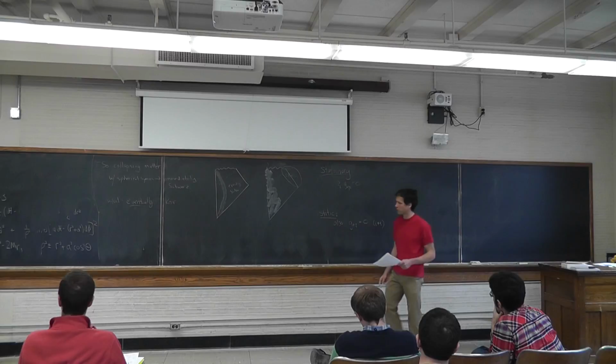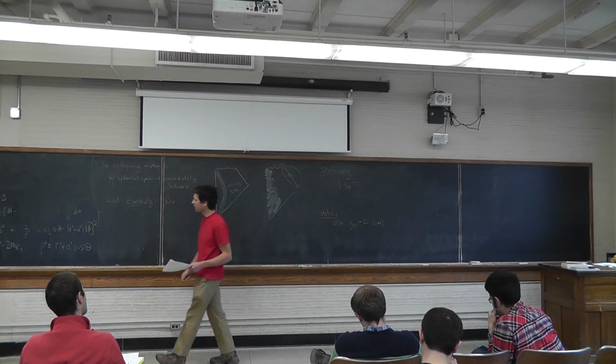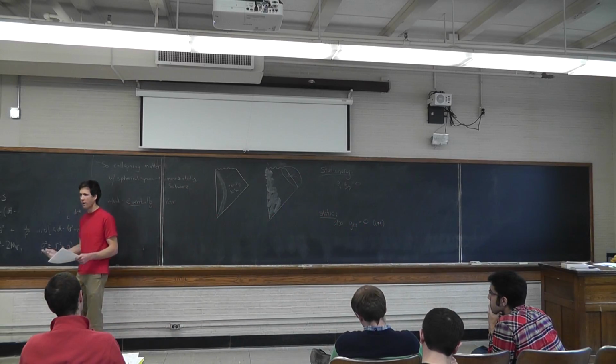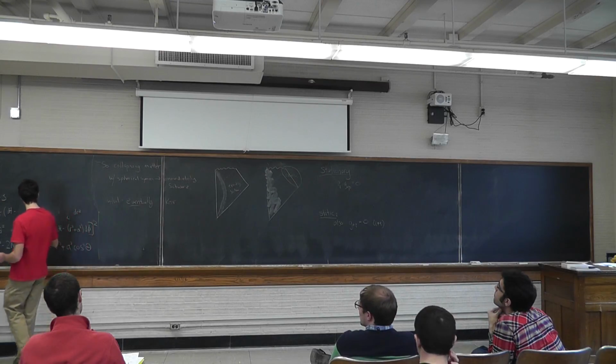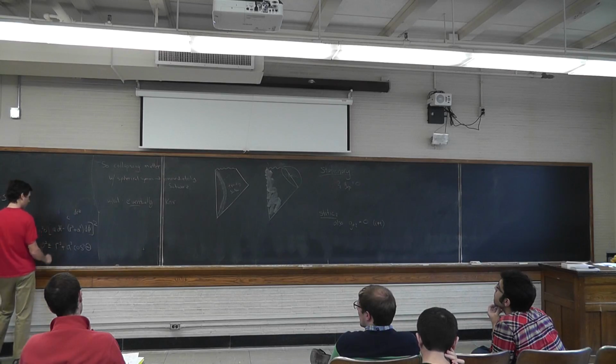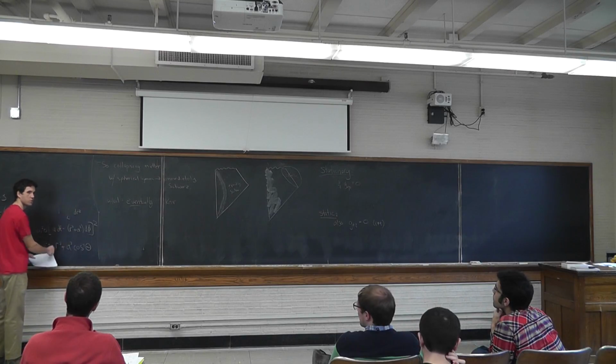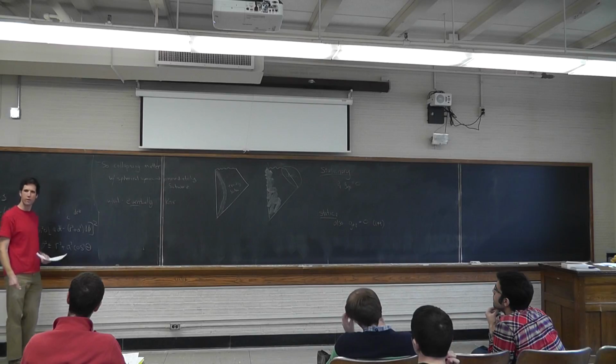So the difference between static and stationary is basically the angular momentum term. It's the existence of the t-phi cross terms in the Kerr metric that make it stationary as opposed to static.